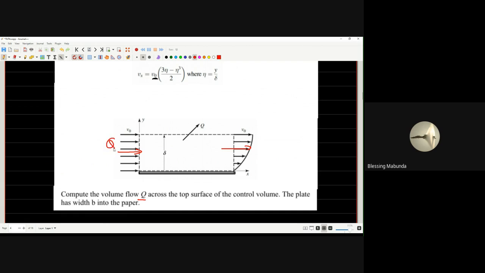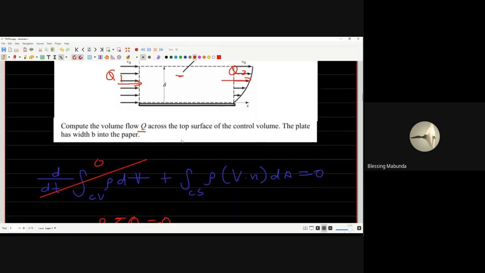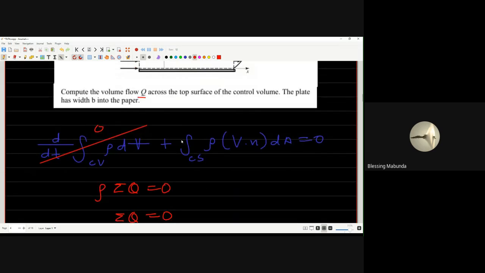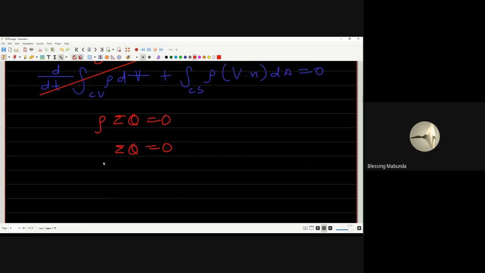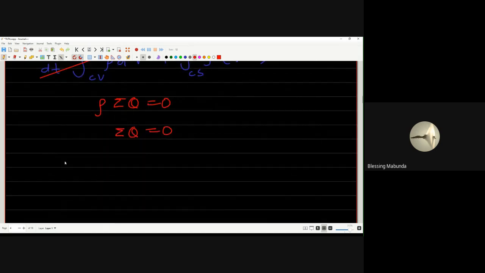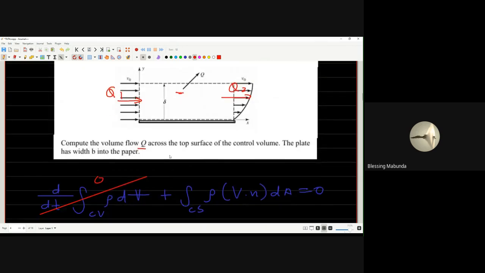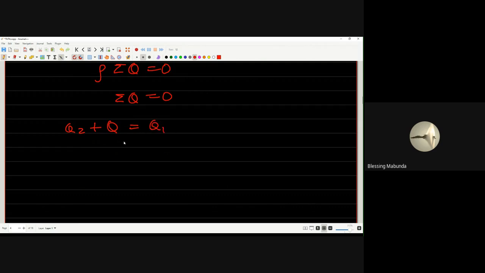So this is Q1, Q2, and this here, we can leave it as Q. Right, so what we have is Q2 plus Q is equal to Q1.